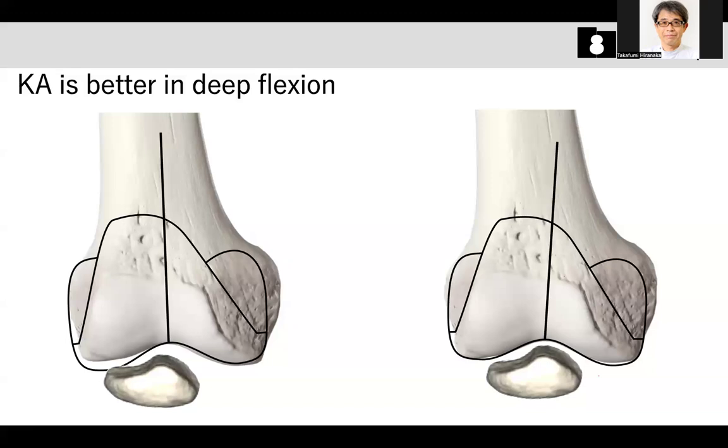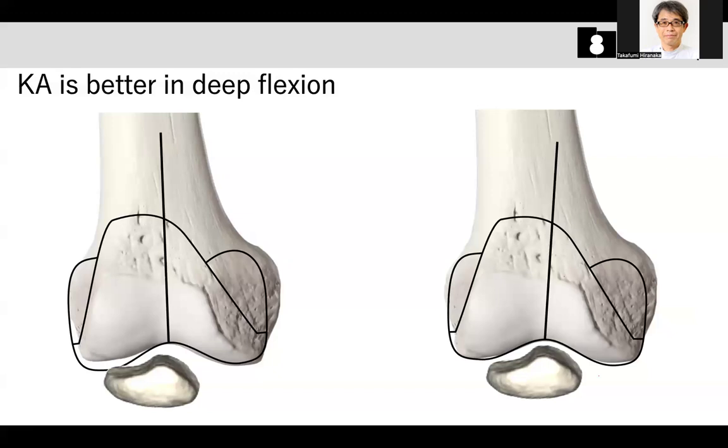Eventually, lateral tightness can occur. But in kinematic alignment, it just restores the native one, so the patella comes to a very neutral, natural position for that patient. So this is another reason the patellofemoral joint is not so bad in kinematic alignment.